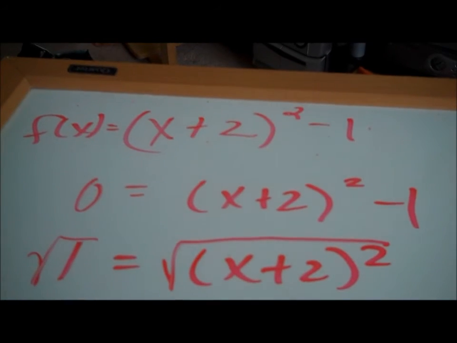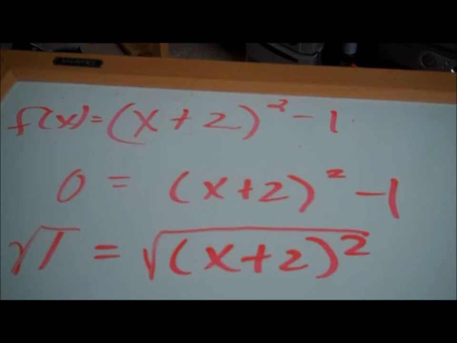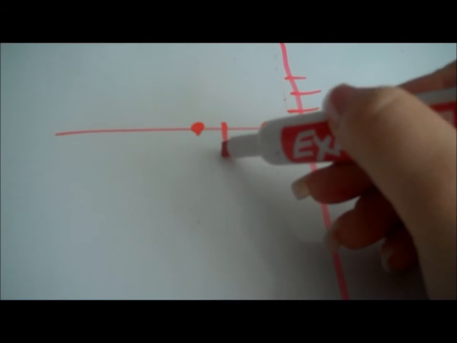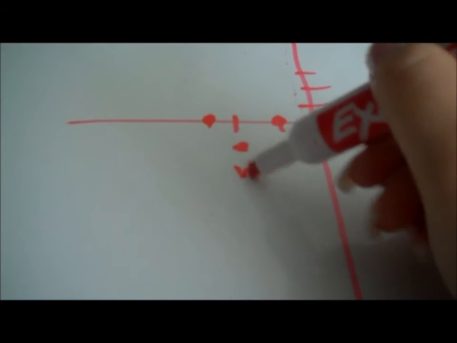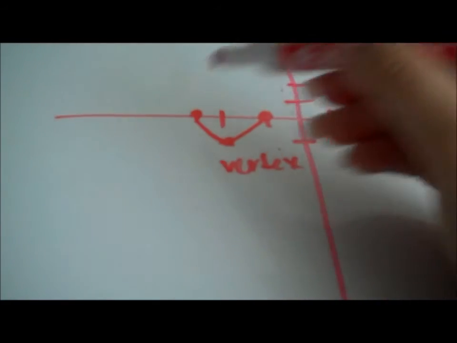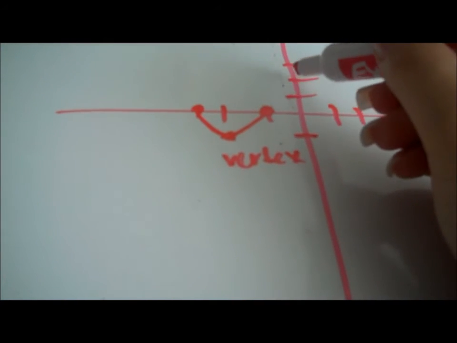Now since we already know our vertex form, we know that this equation is going to go where? It's going to go to the left 2 and down 1. So left 2, down 1. That looks about right. So here's our vertex. It's going to come up here and here. And it's going to get a little bit bigger here.